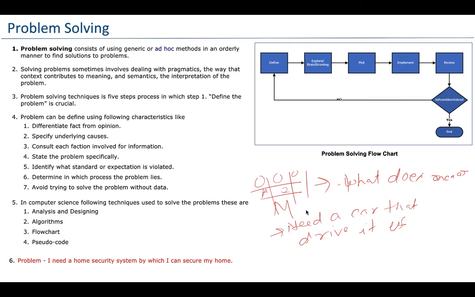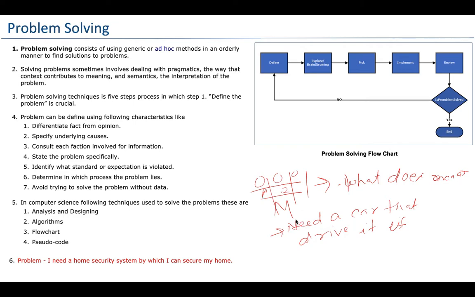If you are able to define the problem, then it is said that you have almost solved your problem. Most of the time is taken to understand the problem, formalize it, explain it and document it.